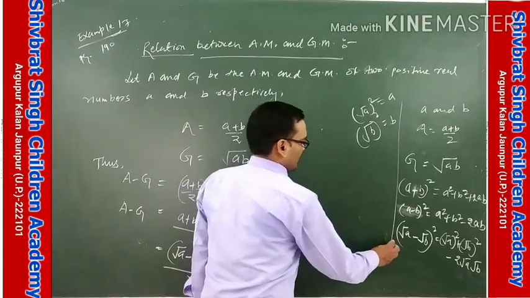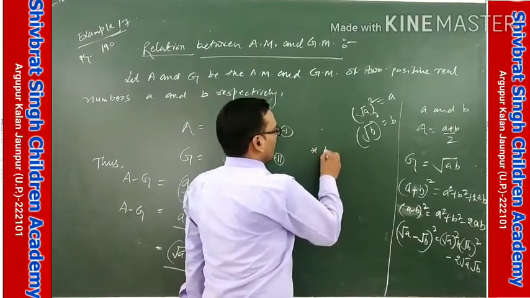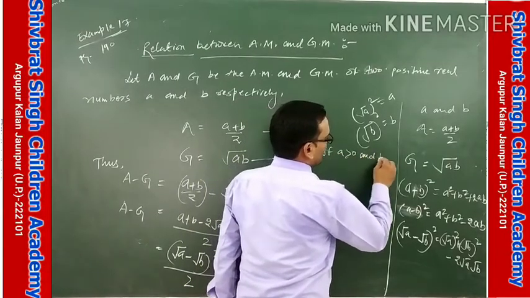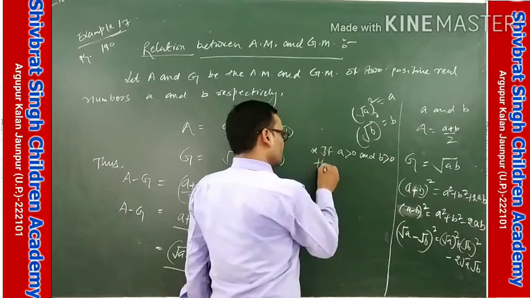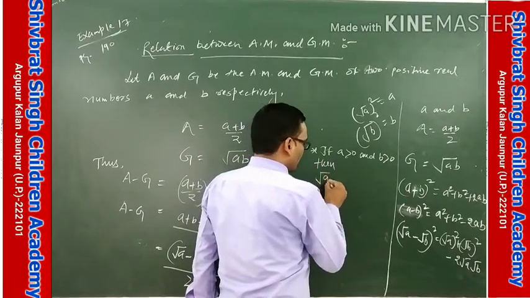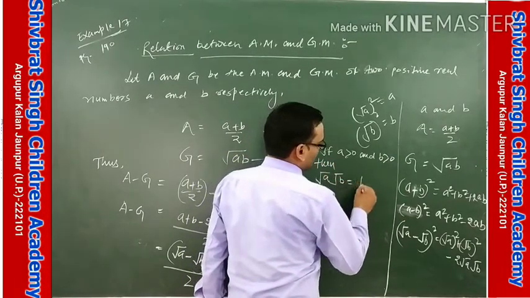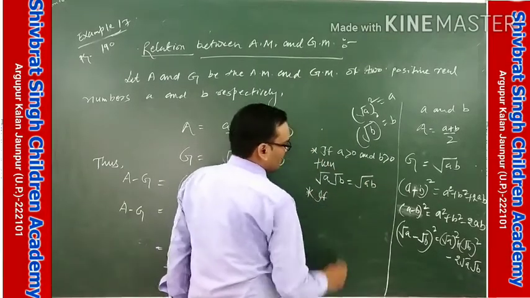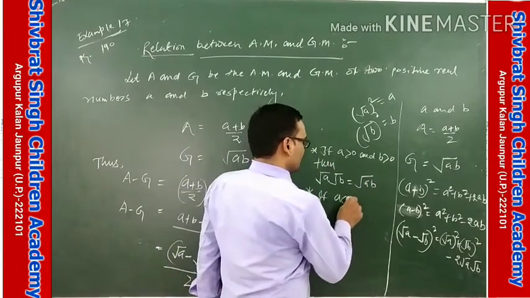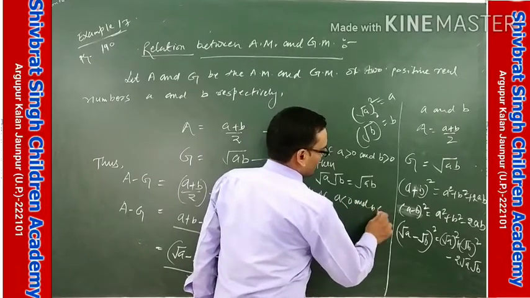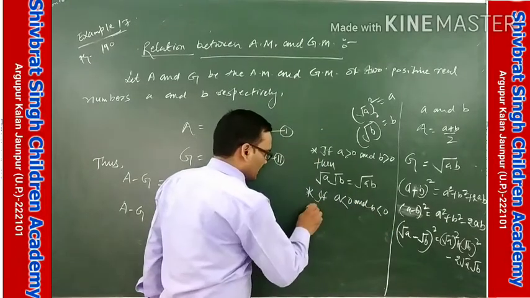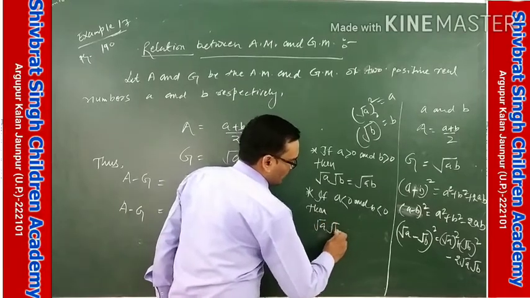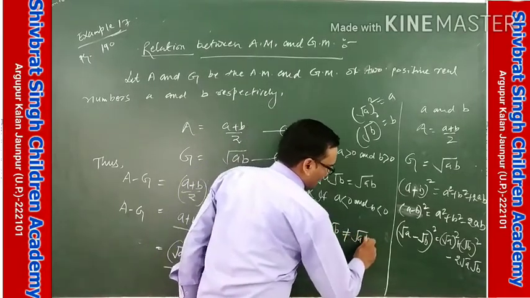Next concept: if a is greater than 0 and b is greater than 0, then square root a into square root b equals square root ab. If a is less than 0 and b is less than 0, then square root a into square root b does not equal square root ab.